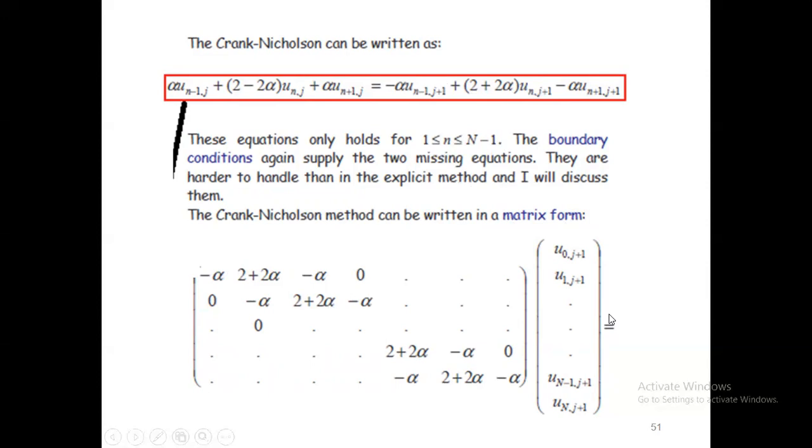But the point is that the order of this matrix and the order of this vector are different, and the number of rows and the number of columns in this matrix are different as well. How? Because you are going to substitute N from 1 till N minus 1. For example, capital N is 10. So 1 till 9 means you are expecting 9 equations.